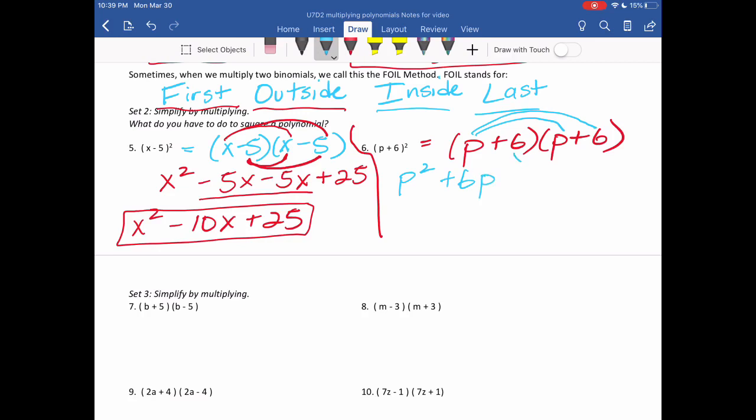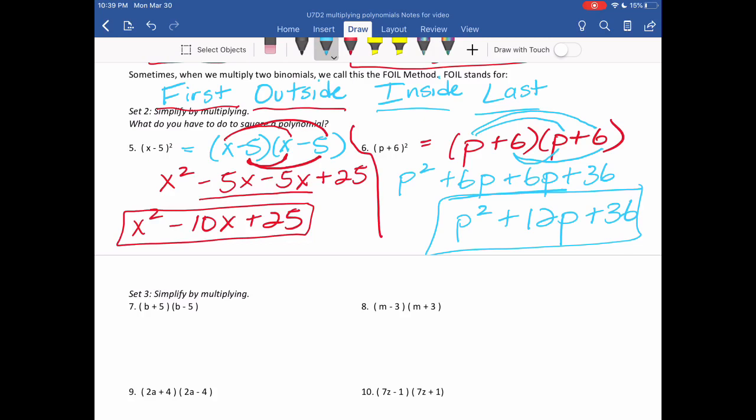Insides, this 6 and this p. So again, I have 6p. Last terms are going to be the 6 and the 6. So 6 times 6 is 36. Combine my like terms. Final answer should be p squared plus 12p plus 36, right?